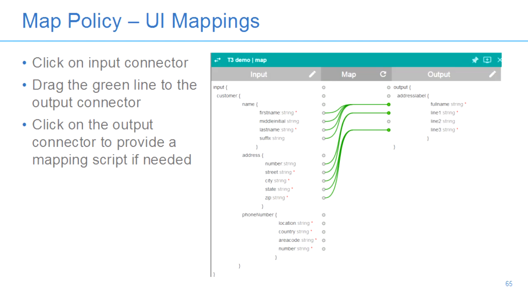Yeah, the UI itself, just by virtue of the fact that you have 4 individual properties being mapped to one, it generates for you by default a JavaScript statement that is effectively the concatenation of all 4. And we'll see some examples later on of the type of JavaScript that you can put in there.